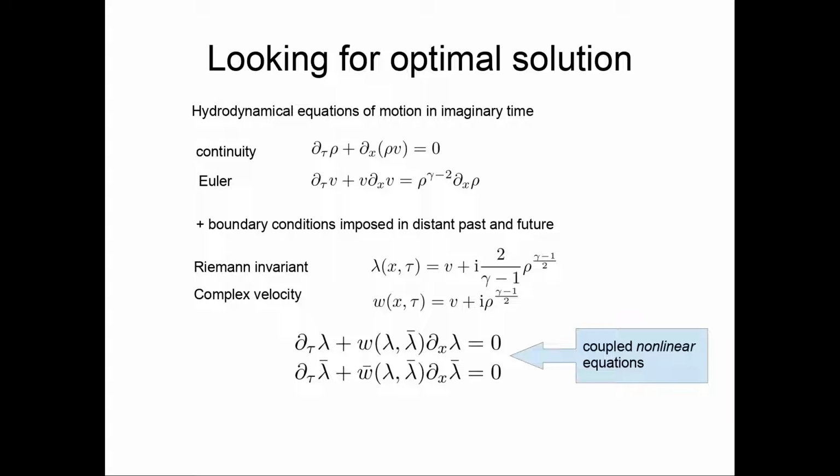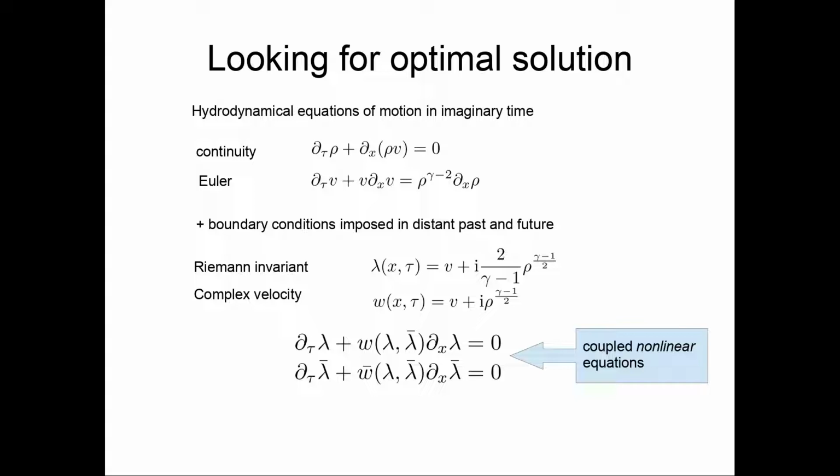What is important is that, as these are simple first-order differential equations, the initial value problem can be easily solved, but here we have precisely the problem of boundary conditions imposed in the future and in the past, and one has to find an optimal profile for the density and velocity at tau equals 0, such that going backwards and forward in time, it will smooth down and calm down to the mean density and absence of any velocity.